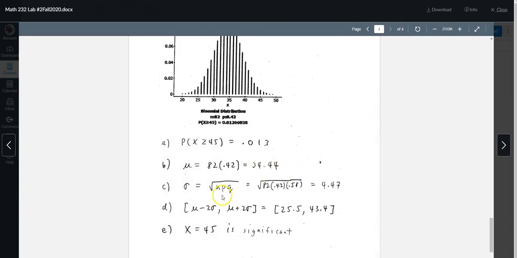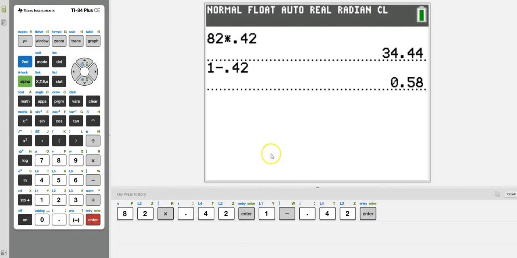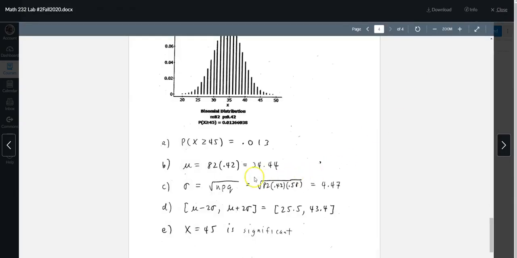Now the standard deviation for a binomial distribution, sigma, is the square root of n, the number of trials, times p, the probability of success, times q, and remember q is 1 minus p. So in this case, the q is 1 minus 0.42. Just to show, it's 1 minus 0.42, 0.58. That's where that 0.58 is coming from.